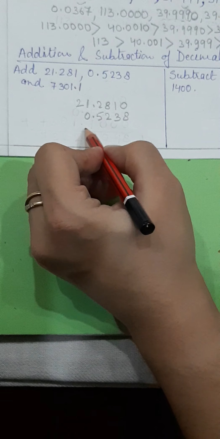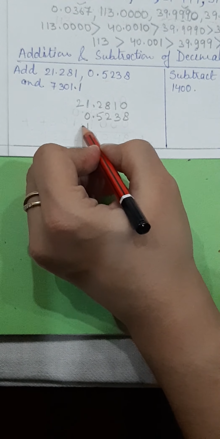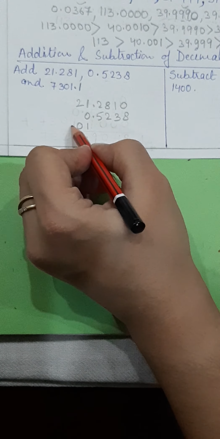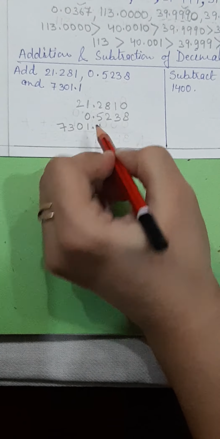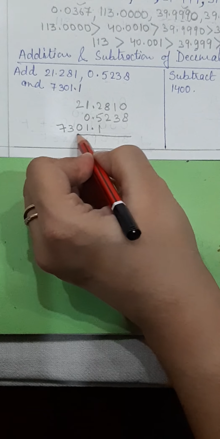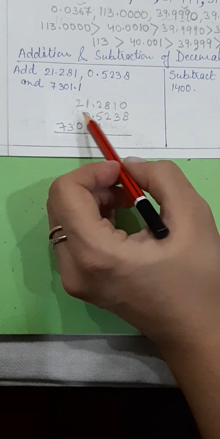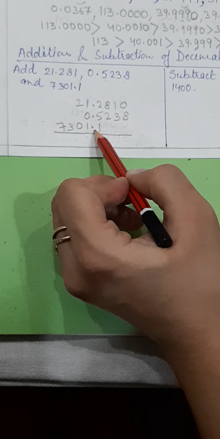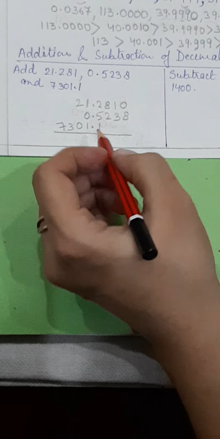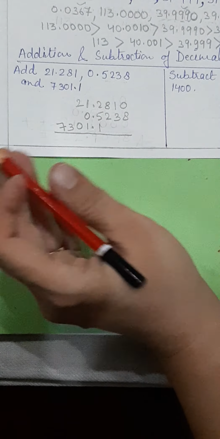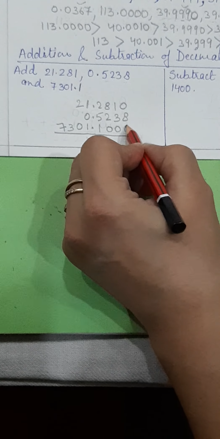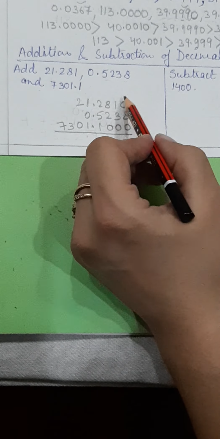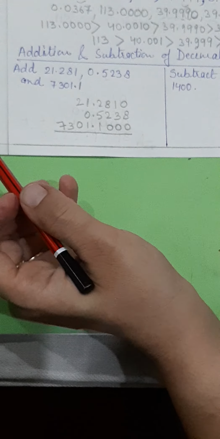Next is 7301.1000. The decimal points should be aligned together, and then you have to adjust the fractional part and whole part. Where no digit is there, you can add zeros. So convert into like decimals and then add.